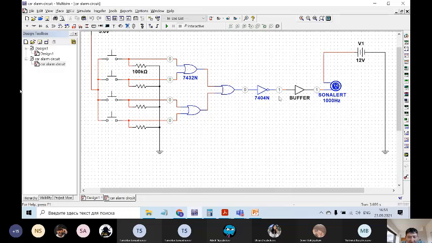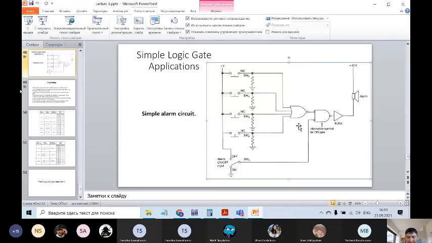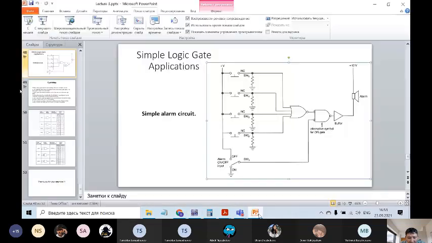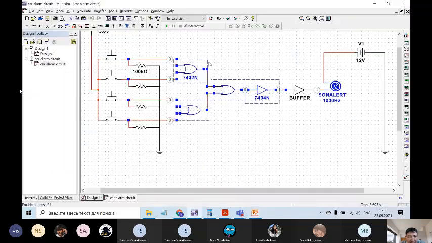Then I used an inverter. So this is my part. It's actually this one. I also did not use this additional switch because it just switches off your alarm. So let's simulate and see what it will produce.